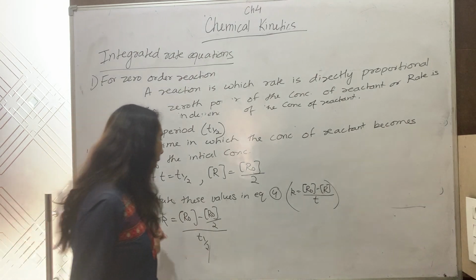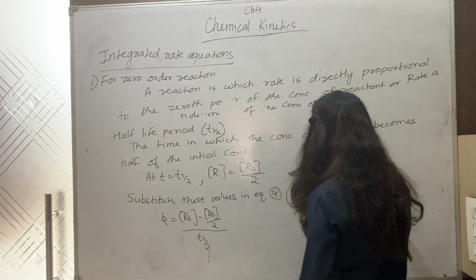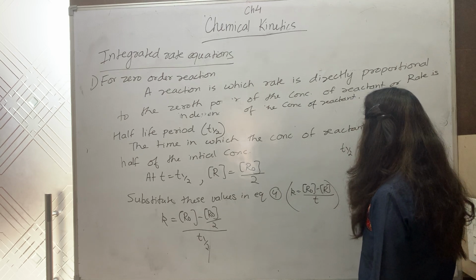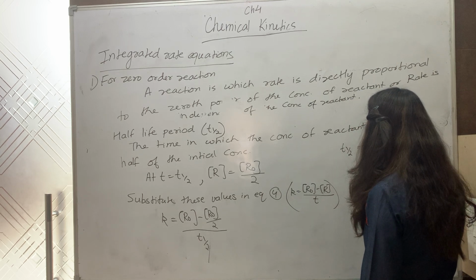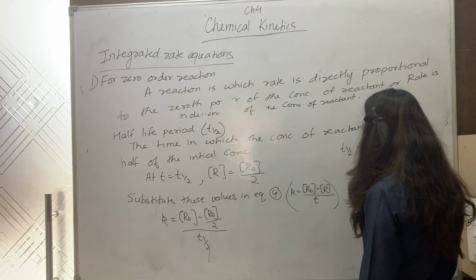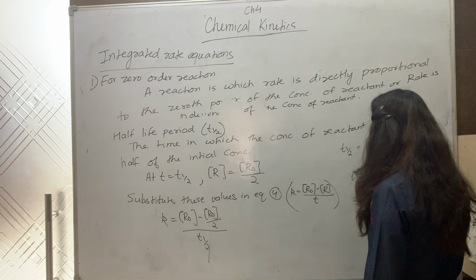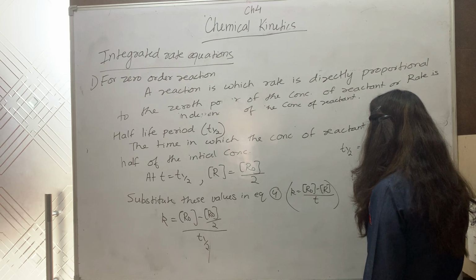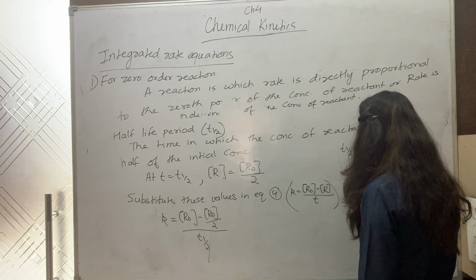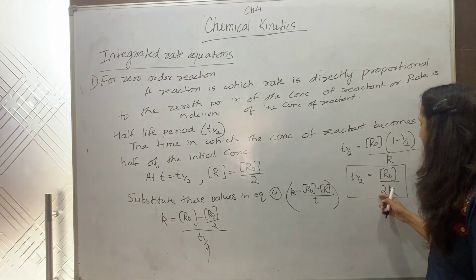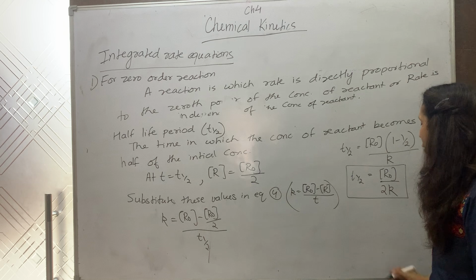I have to calculate the half-life period. I take it that side: t half is equal to R naught common, 1 minus half, upon k. So t half will be equal to R naught upon 2k. That is the half-life period. And you can say 2 is a number, it is constant, k is a rate constant.